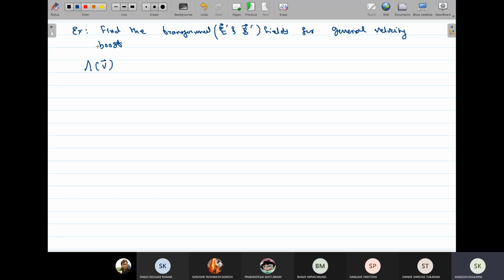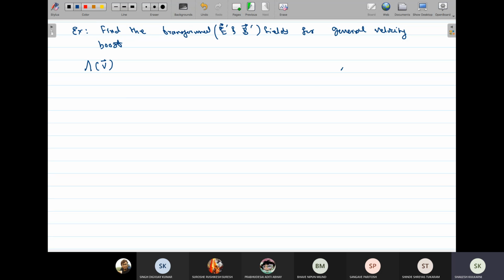I gave you this exercise to show. Please do that, and only then you should be able to do this. In the exam, the question will not appear like this.